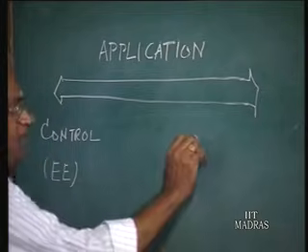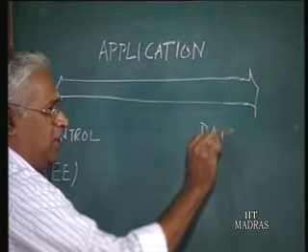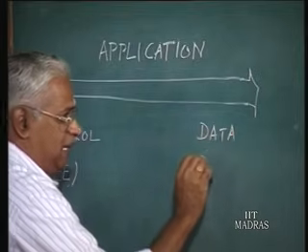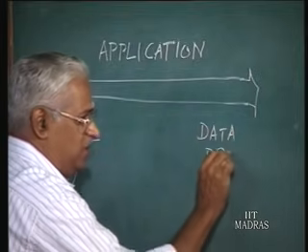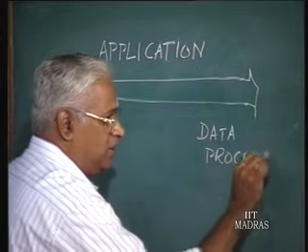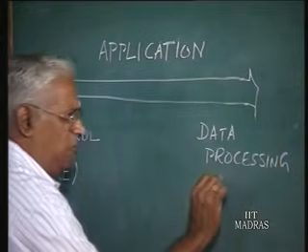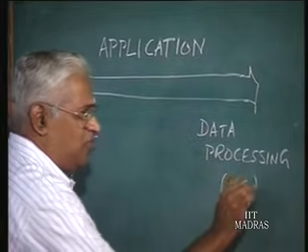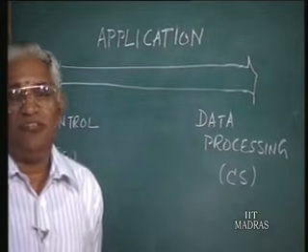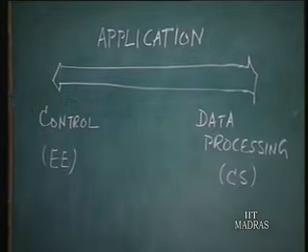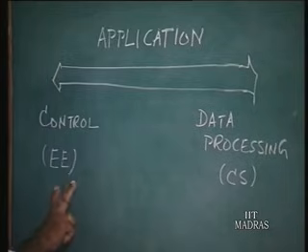And at the other end we can say, again a little loosely, the data processing end, and I would say that the focus of this is essentially a computer scientist's viewpoint. Fine. At this end we have electrical engineering, at the other end we have computer science.